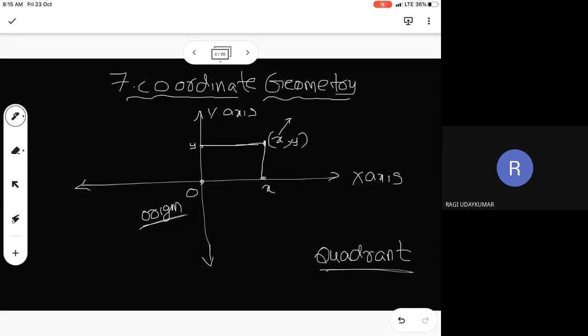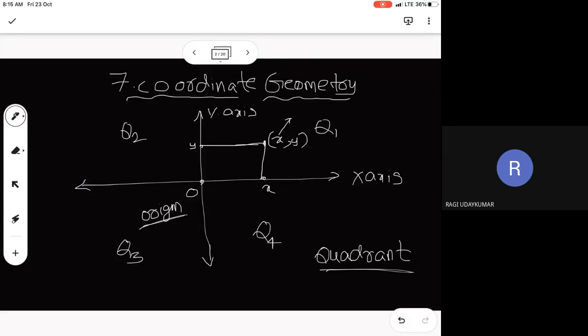Each part is called as quadrant. What is that? It is called as quadrant. And here this is first quadrant, this is second quadrant, this is third quadrant, and this is fourth quadrant.